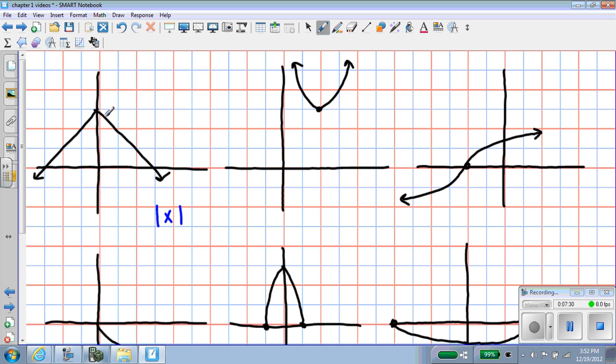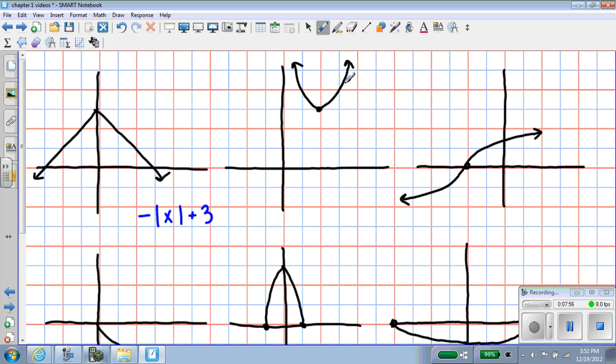Instead of going up, it's going down. So it's a reflection over the x-axis. Also, the vertex has moved up 3. So it's as though someone took what normally goes this way, reflected it this way, and then shifted it up 3 units.